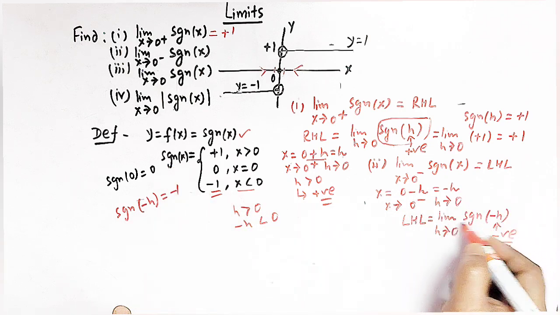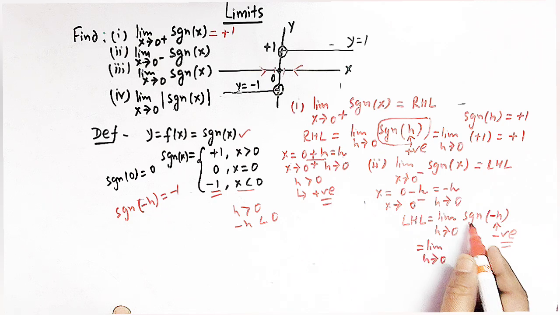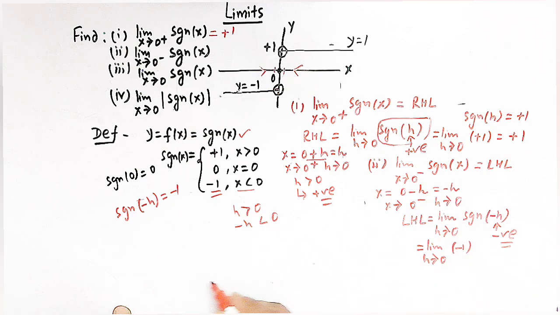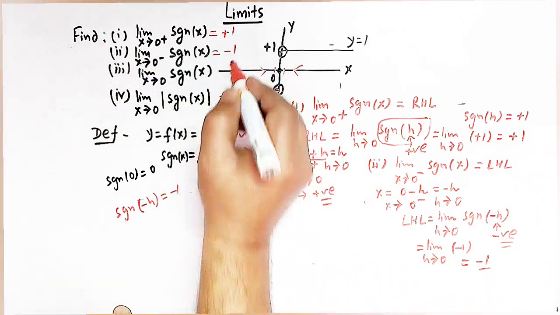So now this limit is the limit h tends to 0, and here we have minus 1. So now again we can remove this limit notation. So omitting this limit notation, we have simply minus 1. So the value of this limit is minus 1.